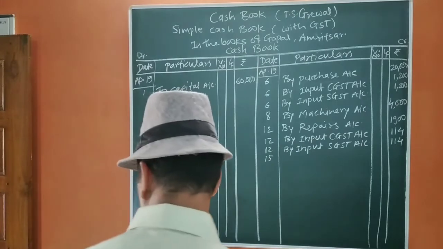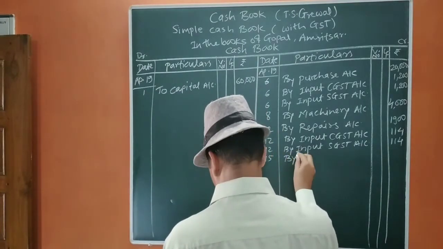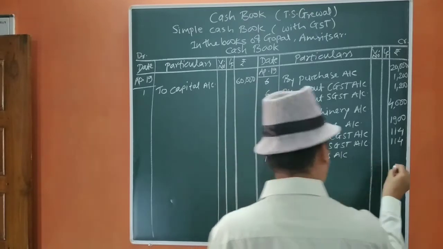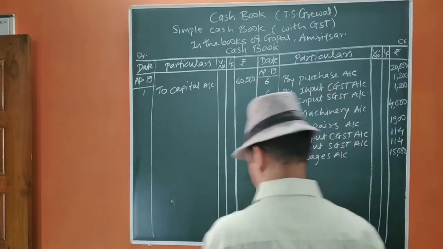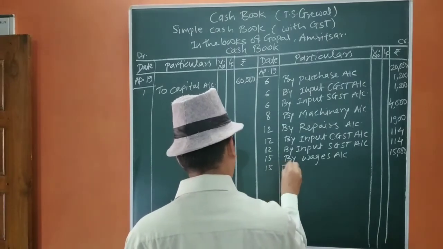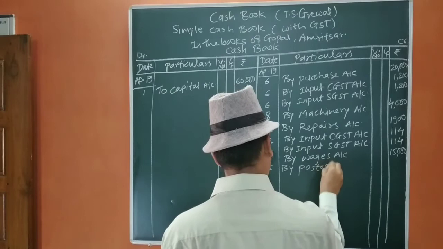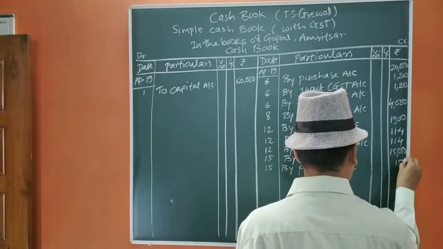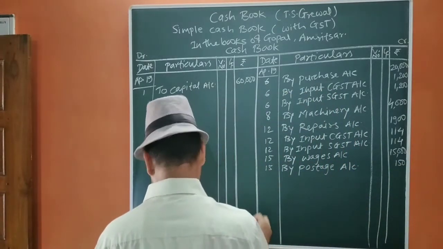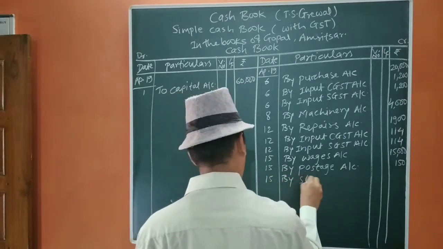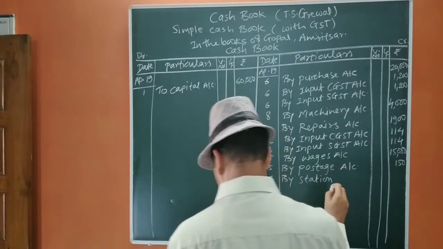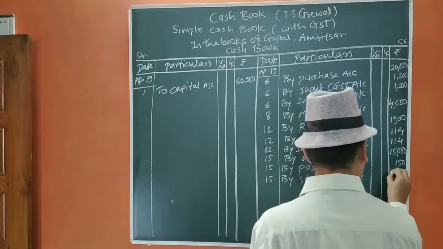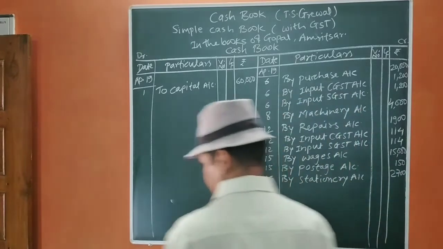Okay, so we are going to do it by wages account, 15,000, by postage stamp, that is postage account, 150, then by stationery account, the amount is 2700 along with CGST and SGST.